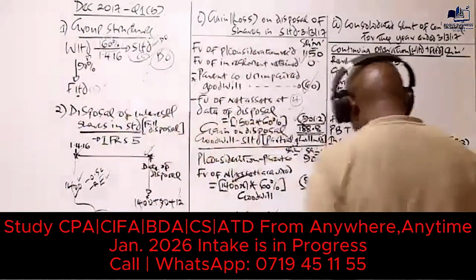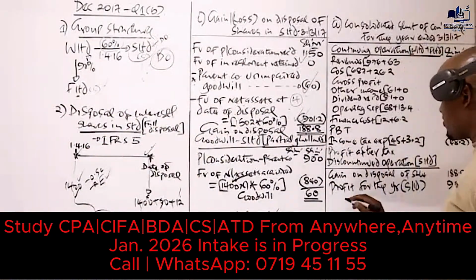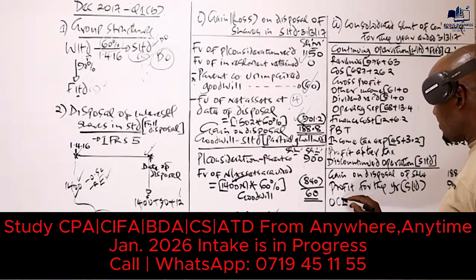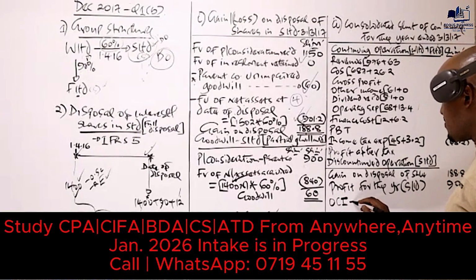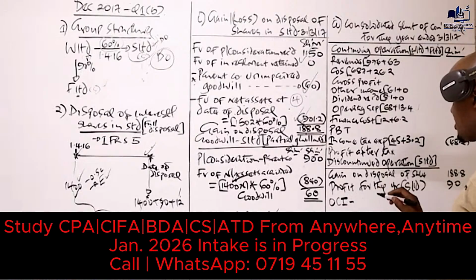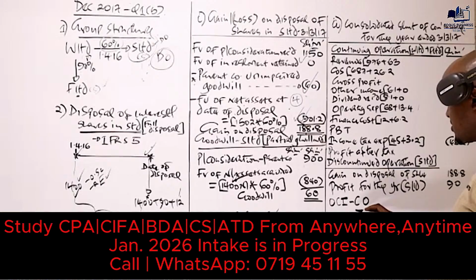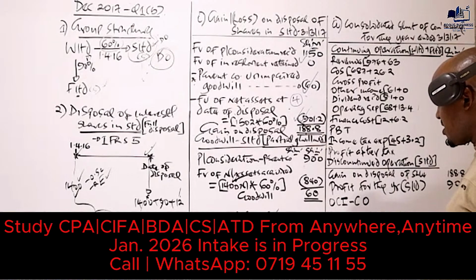From there, we will now have the other comprehensive income. Equally, you can separate this into other comprehensive income for the continuing operations and for the discontinued operations.